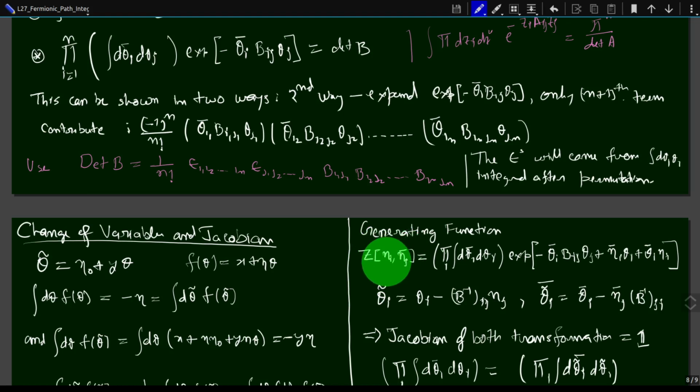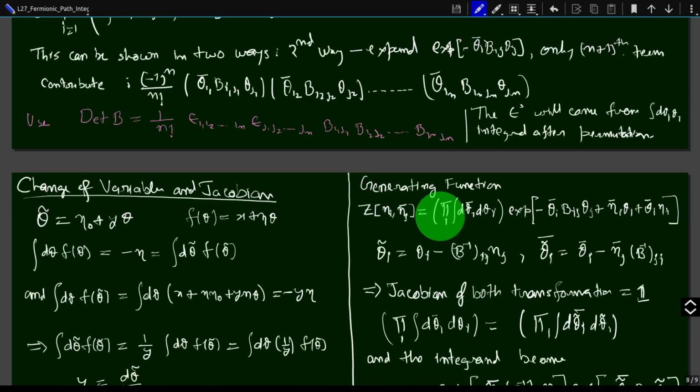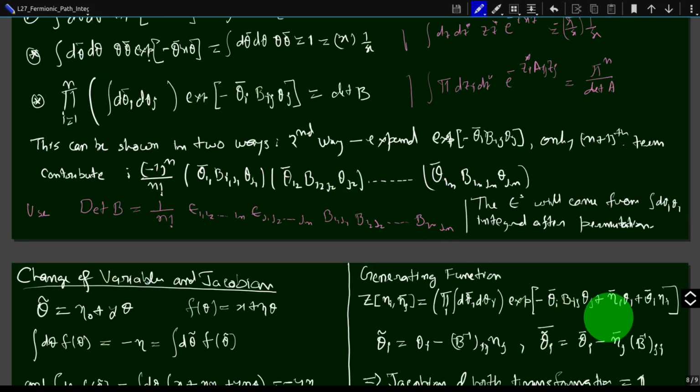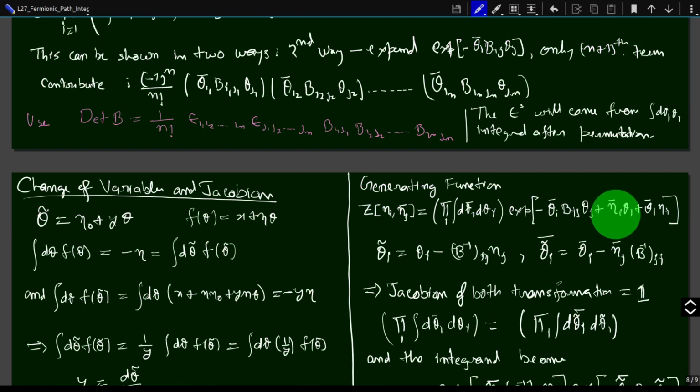Okay, I could have written eta vector and eta bar vector, and this is the integration over all the theta i's and theta j's, theta and theta bar, of exponential minus theta bar i B ij theta j, much the same as what we did in the previous slide. Then I added this source kind of term. Okay, what for the scalar case was J times x, here I have eta bar times theta and theta bar times eta. Okay, sum over all possible i's.